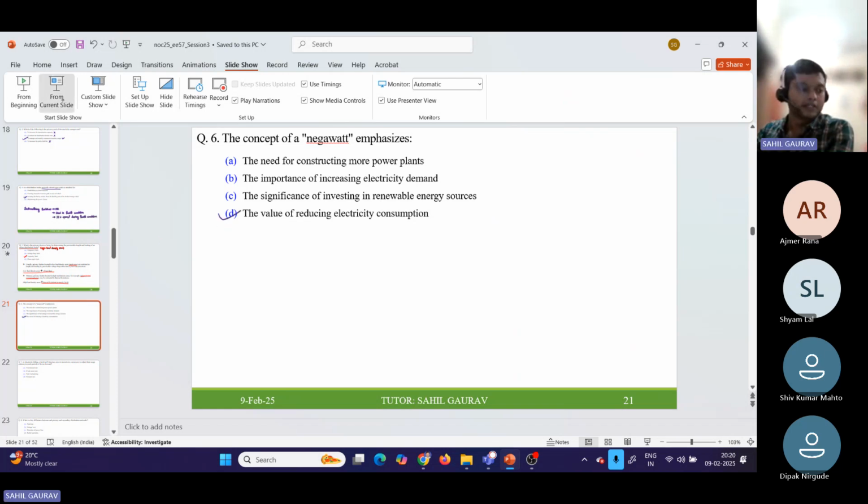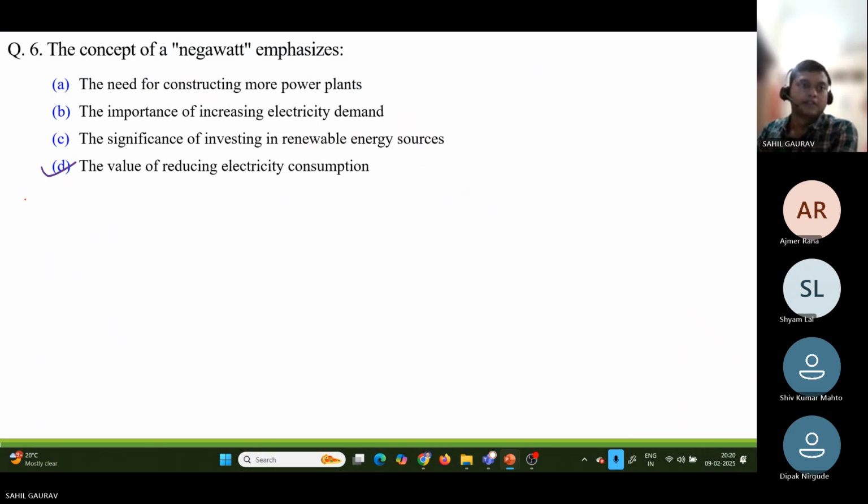This is the correct answer. The negawatt means a negative watt.